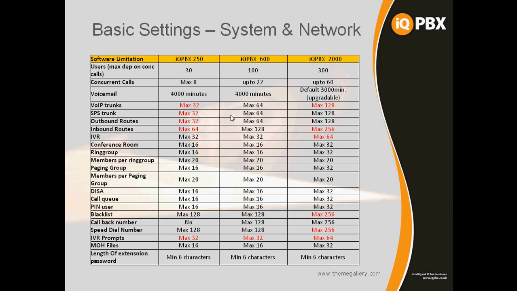So there is scope for expansion on the speed dial numbers through an external server. But on the system, 128 for the 250 and 600, and 256 for the 2000. Music on hold files, yes, we can upload and install our own music on hold files, and that gives you the maximums.